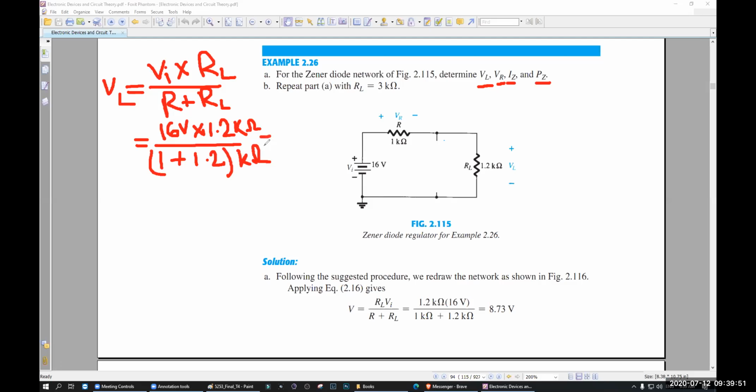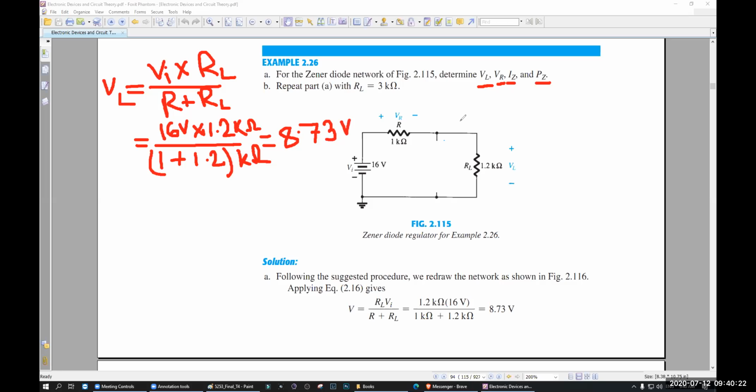If we calculate these, we will get 8.7272.